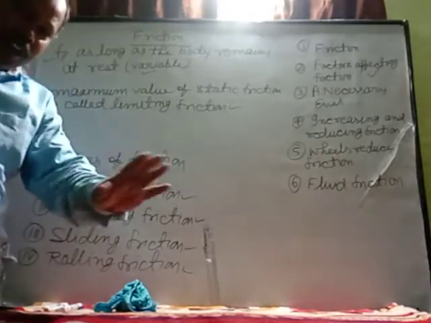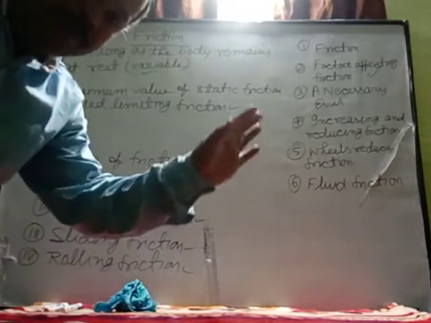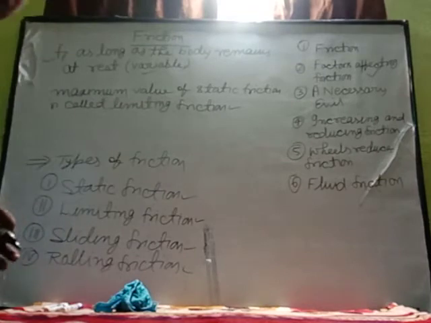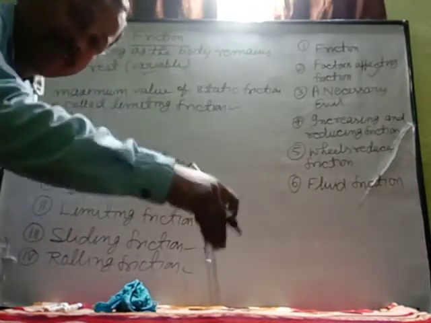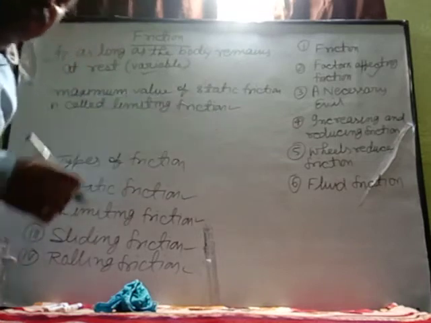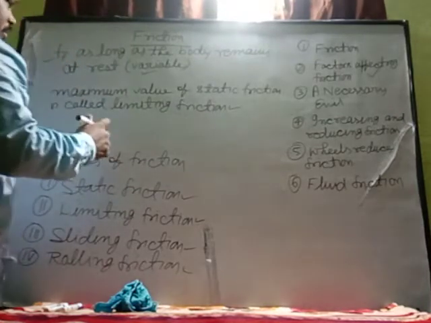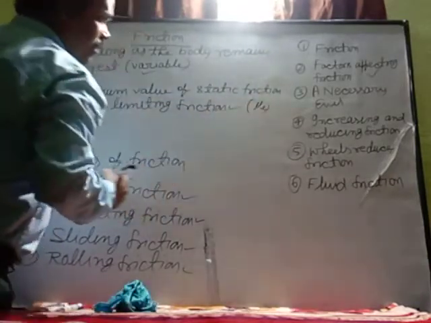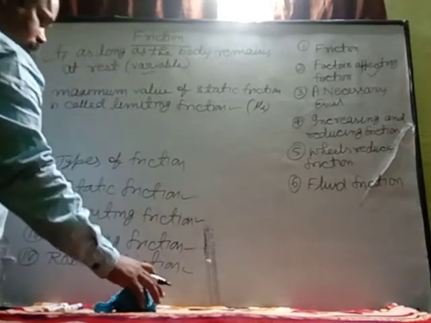Ultimately the body will come in the condition to move, just to move. So that value will be the maximum value of static friction, and that value is known as the limiting friction. So try to understand limiting friction. Sometimes its coefficient is indicated as mu L, but it is not for you.